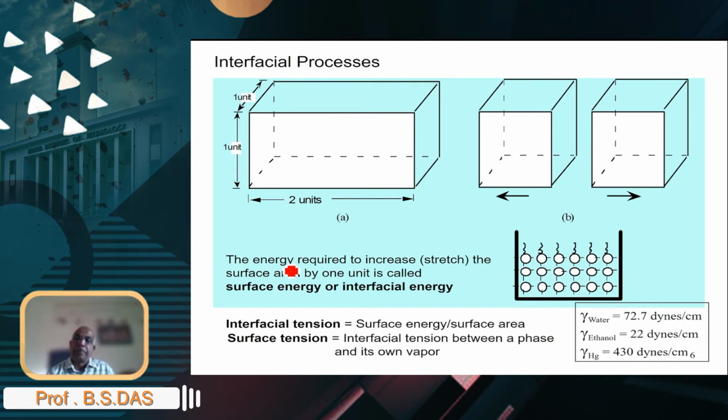And as you know, surface tension is therefore expressed in terms of energy per unit area, which is almost equivalent to force per unit length. For pure water, we know that surface tension is on the order of about 73 dynes per centimeter.